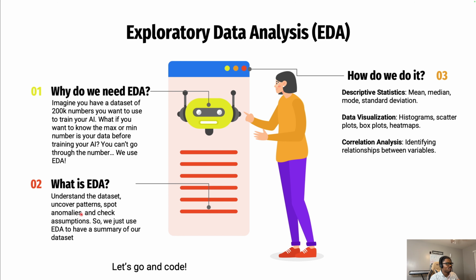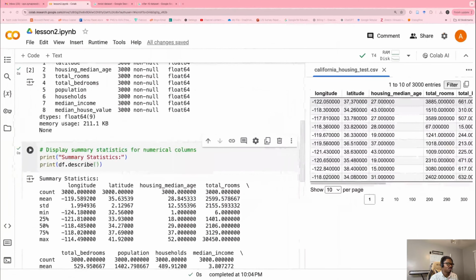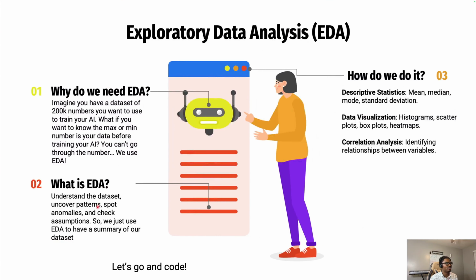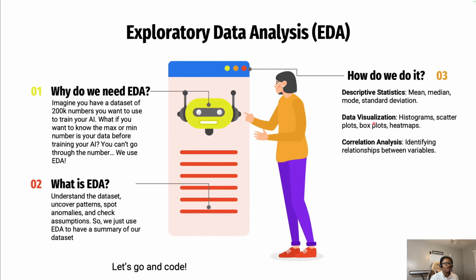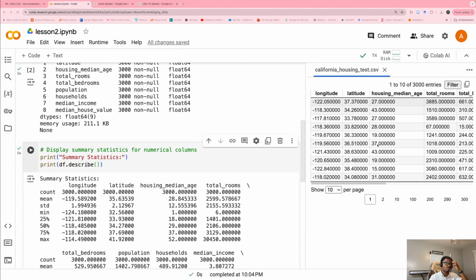EDA is just to understand the data set, to uncover patterns, to spot some anomalies, check assumptions and all of that. Then how do we do it? We use descriptive statistics, which is actually what is in here, mean and so on. Then we use something called data visualization. Let's assume that we want to see how the housing median age looks on a graph.